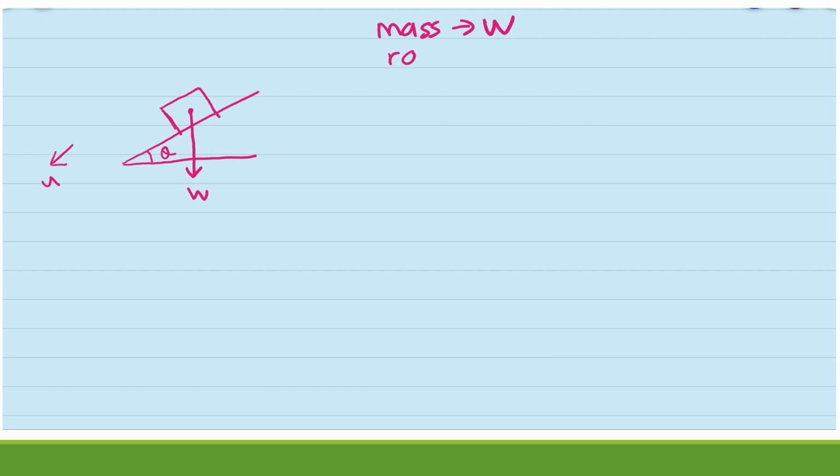Second, there is a rough plane, so friction force exists for this case. So where is the direction of friction force? The direction of friction force is opposed to the motion, opposed to U.